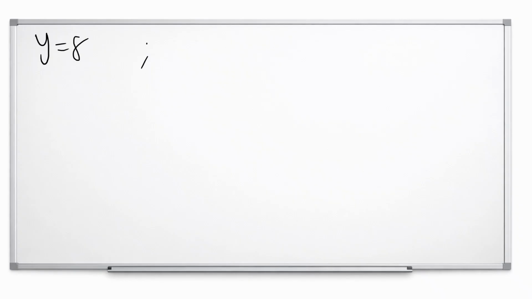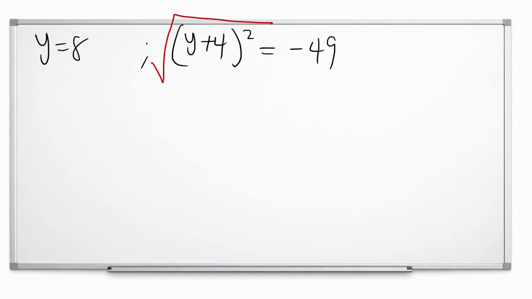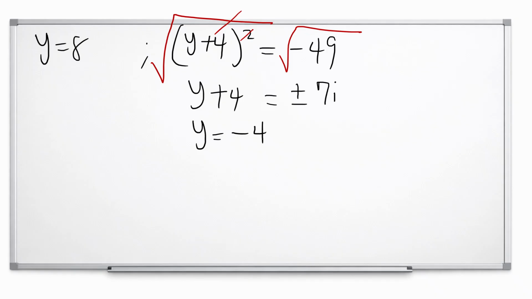And in the next solution here, we have (y + 4)^2 = -49. Then what do we do next? You can decide to square root both sides so that we can get rid of this square. And here we can have y + 4 = ±7i. I hope you understand how I got my complex number. So here y is going to be -4 ± 7i.